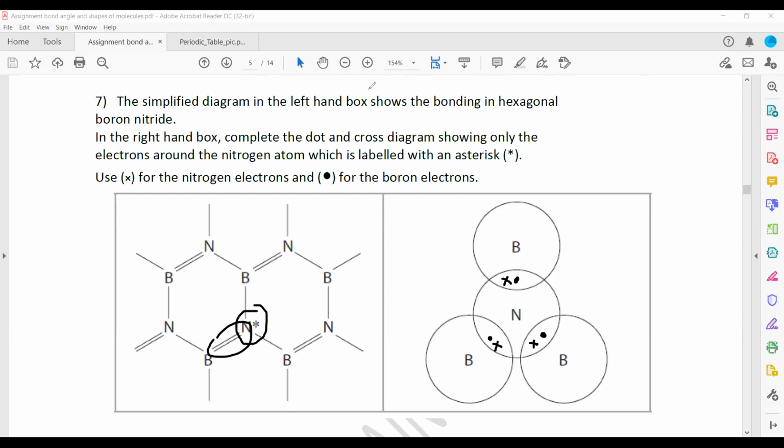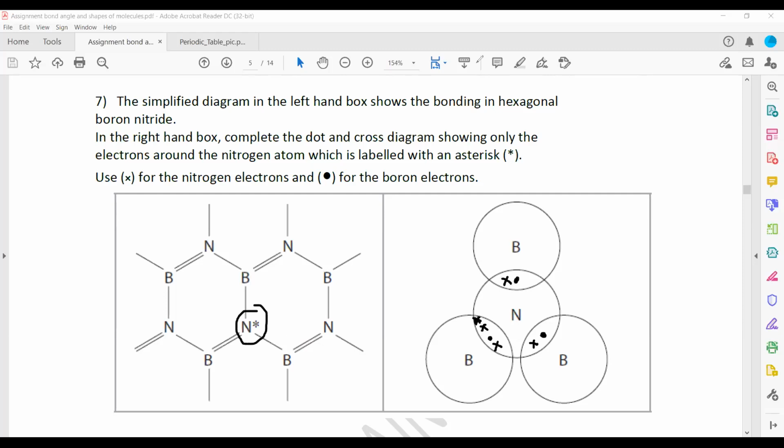It does not make a difference. Boron has 3 electrons, so this boron has already shared 3, but you can see 1, 2, 3, 4 are there. So how can we adjust? Nitrogen has 5 electrons, so 3 are shared as simple covalent bonds, and one of them this nitrogen will share as a dative bond. So you can draw a structure in this manner, it is acceptable.